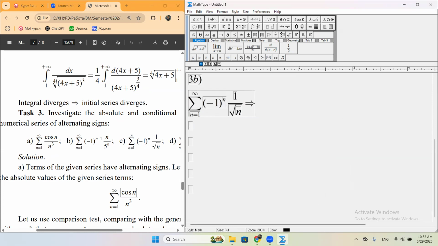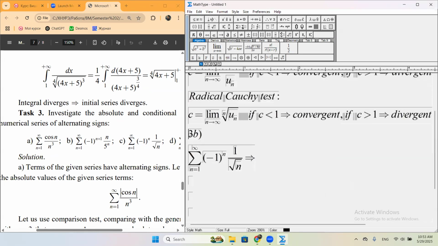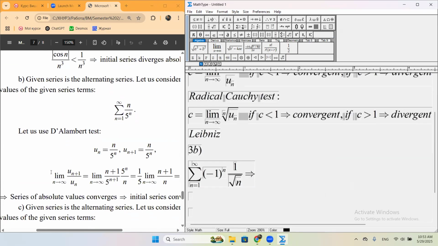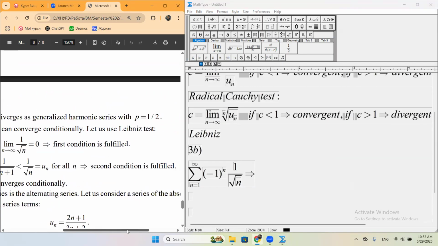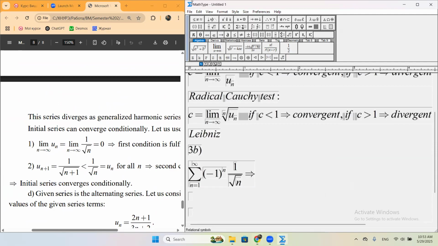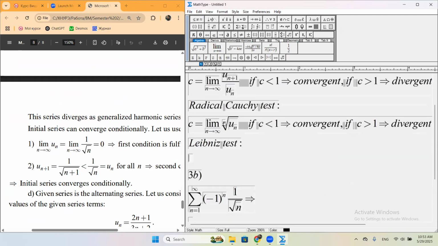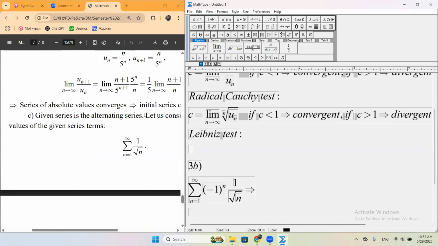First of all, we will have to calculate. So the Leibniz test has the following. Okay, I don't remember how the, yeah, correctly, Leibniz test, this surname. So we have to meet two conditions.